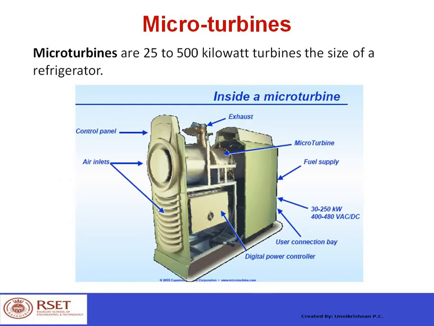So starting with micro turbines, they are turbines in the range of 25 to 500 kilowatt, and the size is roughly about the size of a refrigerator. The basic function of a micro turbine is to provide energy.